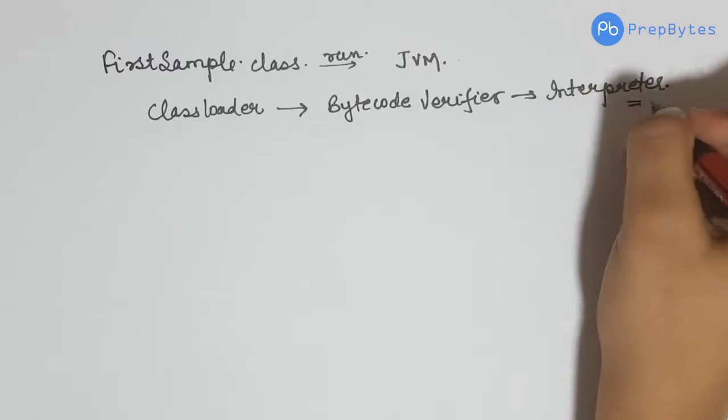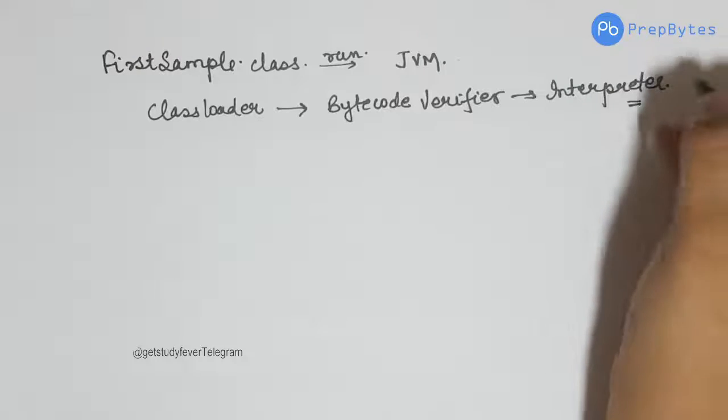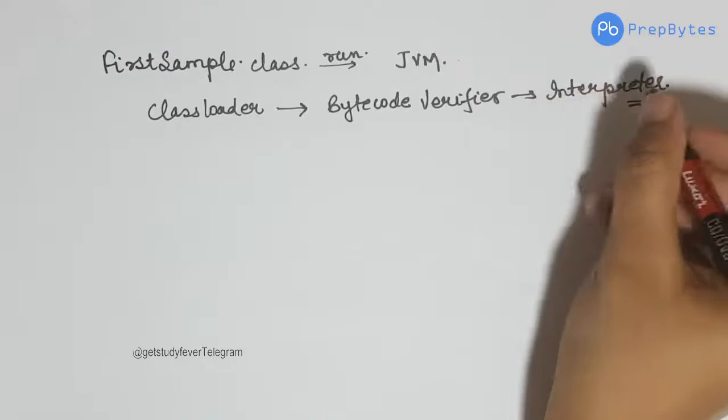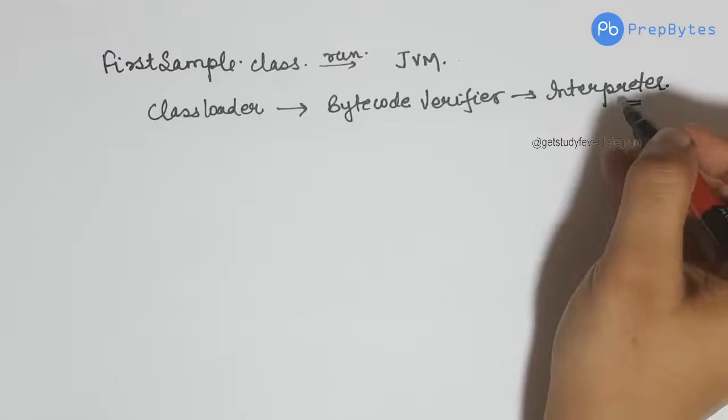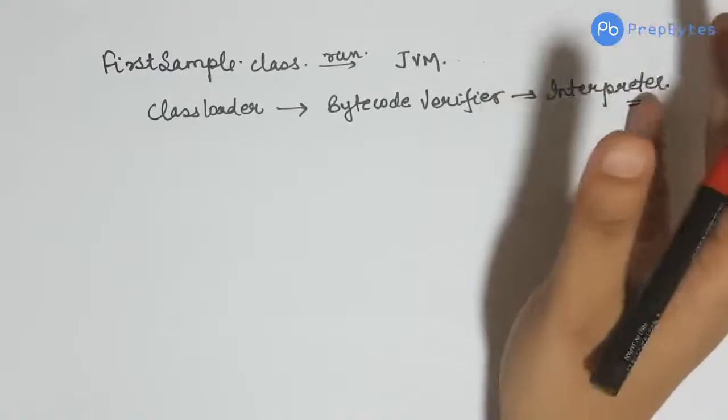But the interpreter directly executes the code. It does not convert bytecode to machine level code. It directly executes instructions. So we have the runtime environment and the interpreter does the execution. So this is how a .class file is run or executed.